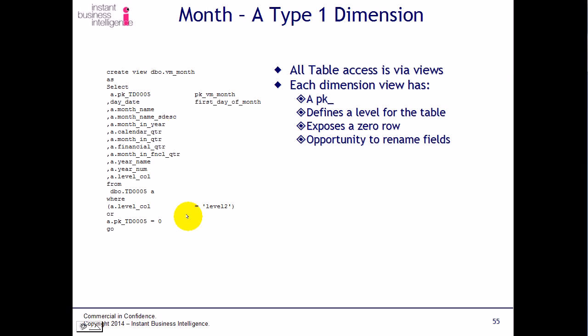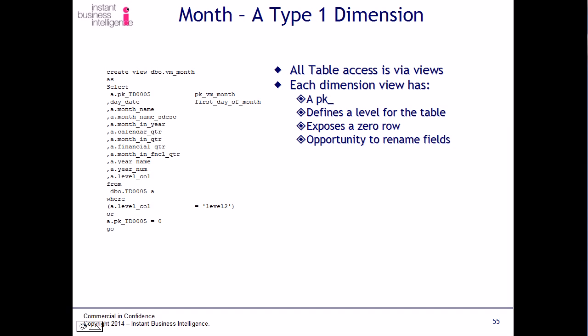So the 0 row, just to explain that, is in BI4ALL to ensure no loss of referential integrity and to ensure no loss of data coming out of queries. If a dimension table lookup fails, you get to tell it what value to put in there. The default value is 0.